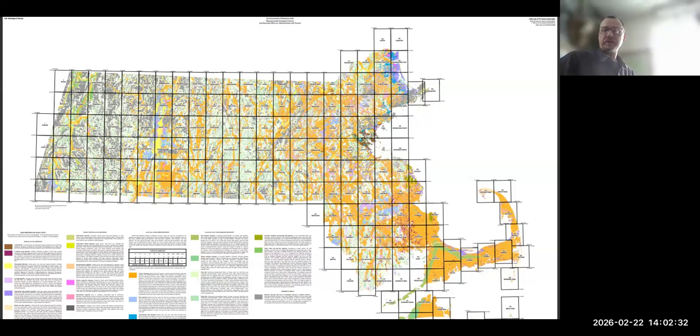The various colors represent a type of superficial deposit, whether it's glacial till, glacial outwash, modern floodplains, swamps, you get the picture. These maps are a culmination of decades of work by geologists like Janet and Byron Stone, for example, at USGS, and many others. Us field practitioners are grateful for all the work they put in.